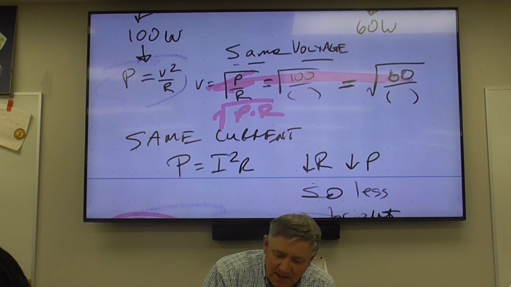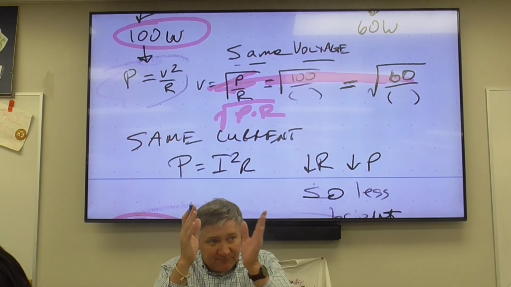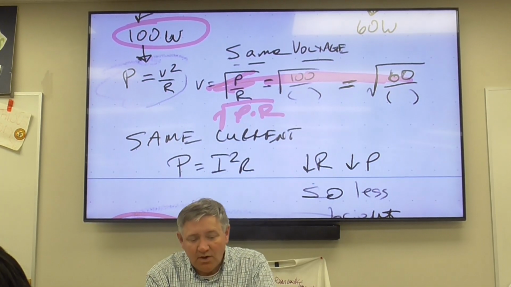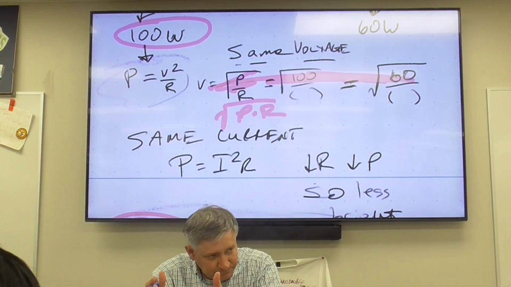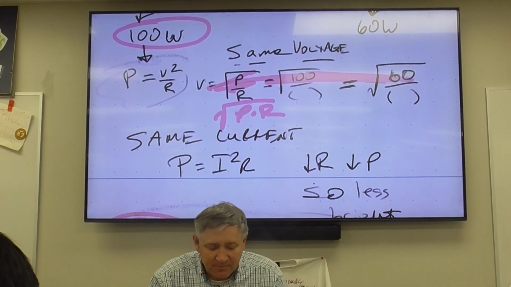If you're looking at a 100-watt bulb and the voltage is going to stay the same, like in your typical household, you have 120 volts, a fixed value.